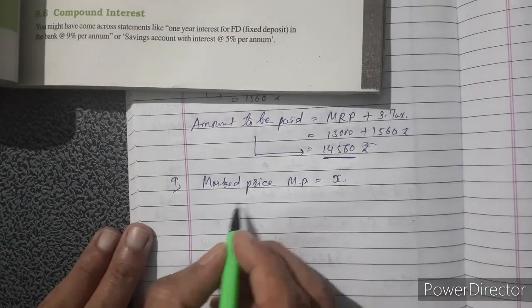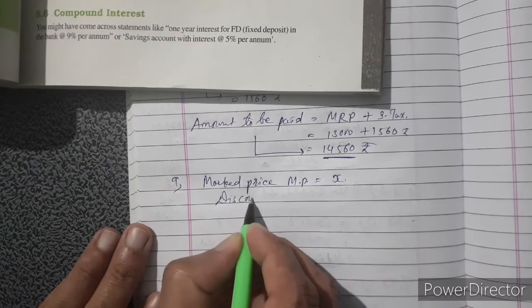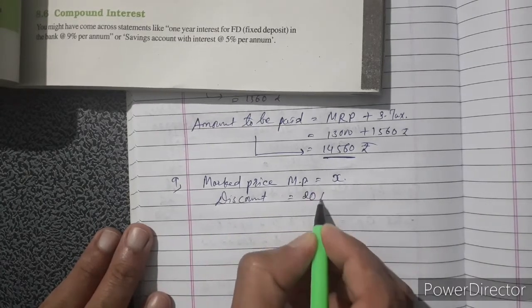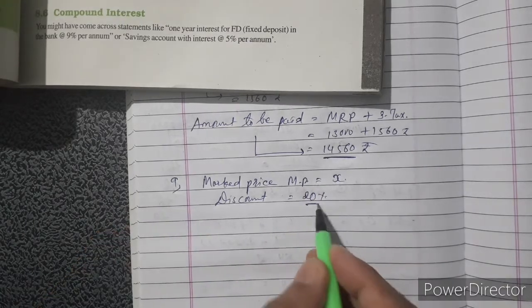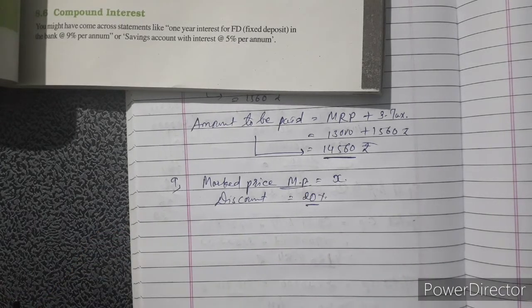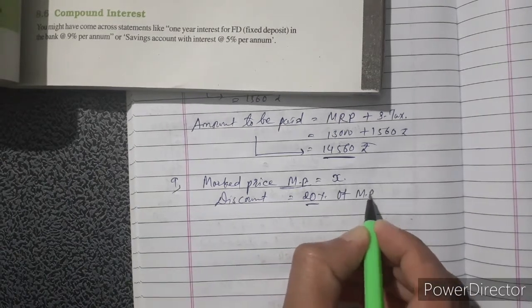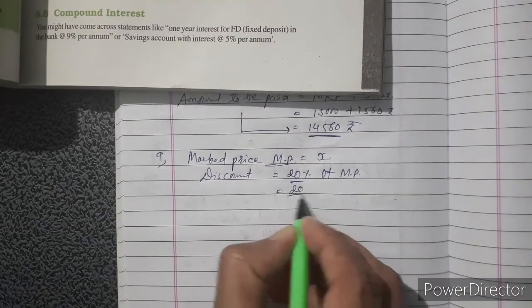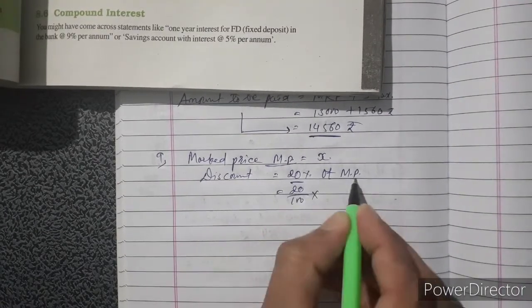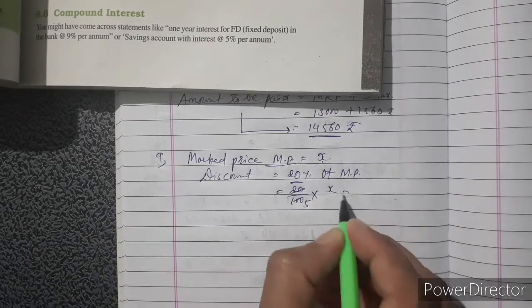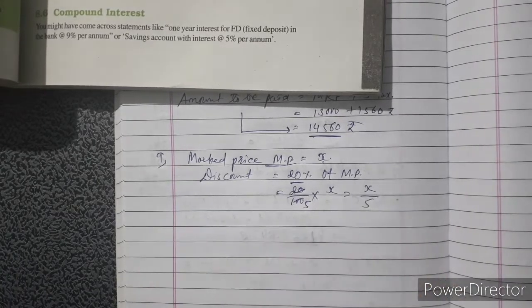On that the discount is 20%. Discount is always calculated on the base of the mark price, so 20% of the mark price. 20% means 20 divided by 100 into X, that is X upon 5.